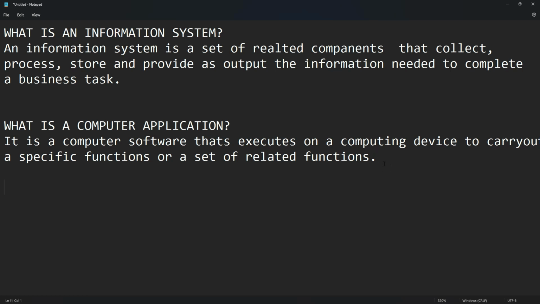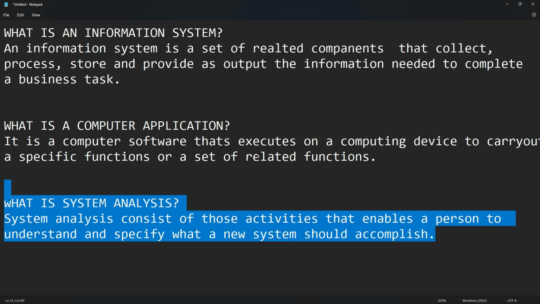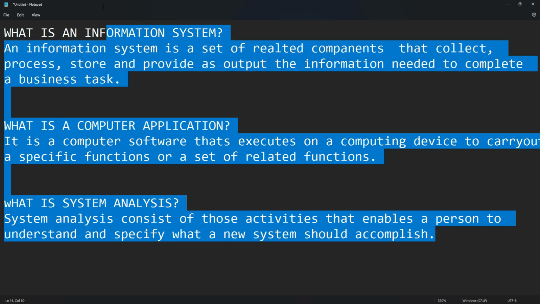So you have to analyze and understand so that you can know what the system you are building can accomplish, and you can do that with the help of system analysis, because it has the activities that can help you to easily come up with that solution, or to come to that conclusion, to find what the system should accomplish.